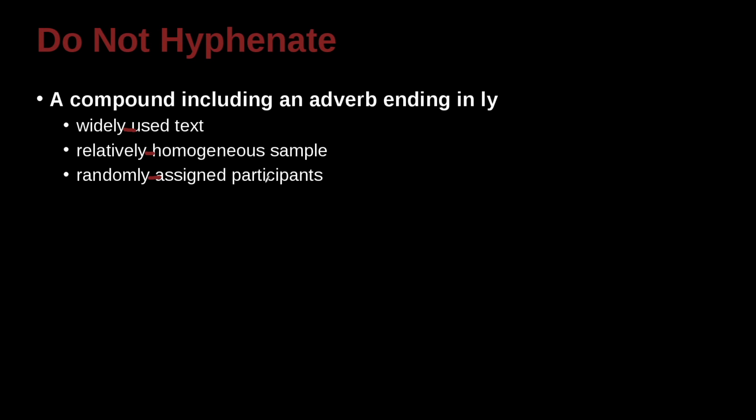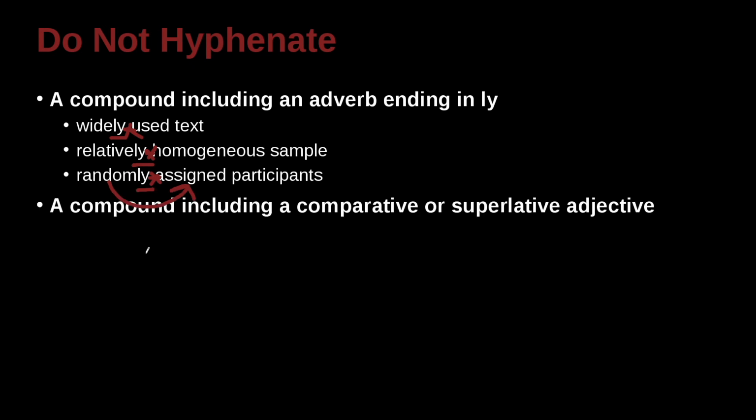Randomly assigned participants. Now, if you have this ly here, then you do not use the hyphen. The reason for that is because this is actually modifying this word here. So it's assigned participants, and they are randomly assigned participants. So a little bit of a special case.